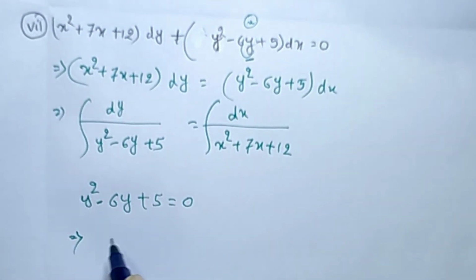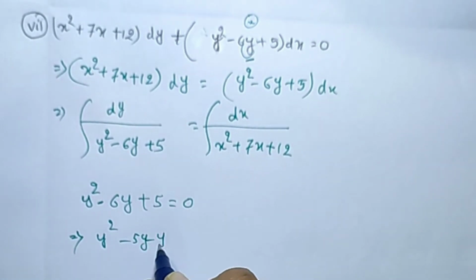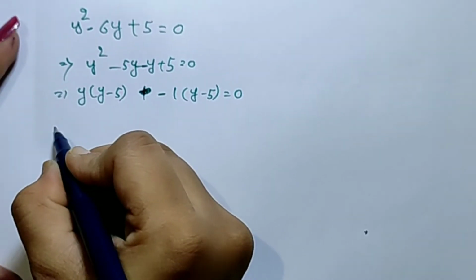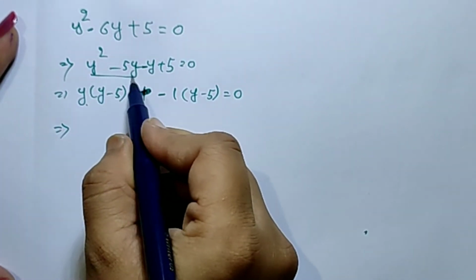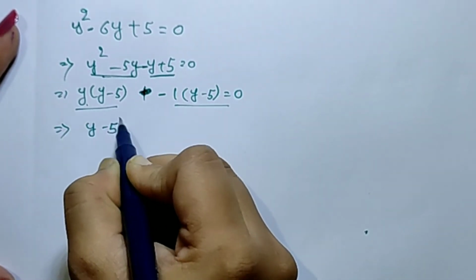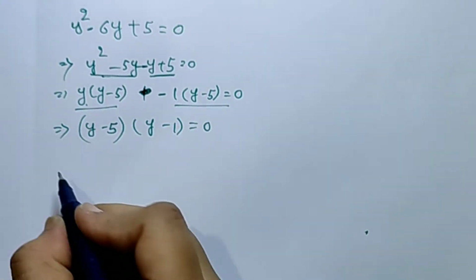Implies y square minus 5y minus y plus 5 is equal to 0. y into (y minus 5) minus 1 into (y minus 5) is equal to 0. Now taking y minus 5 as common, I have (y minus 5) into (y minus 1) is equal to 0.